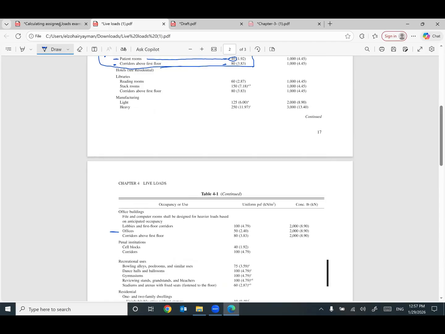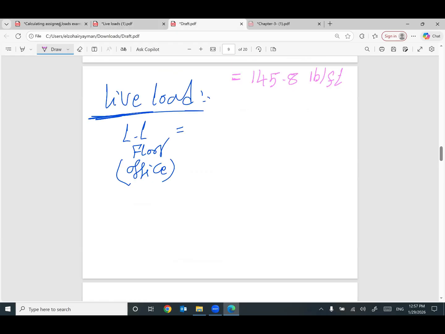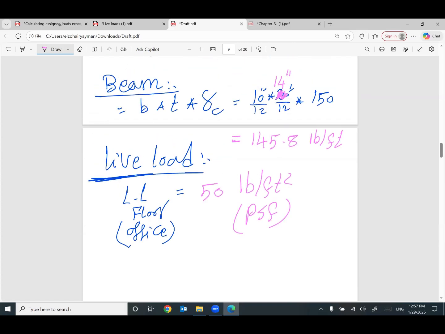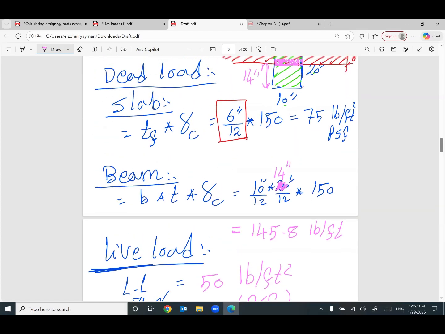Yeah, it's the same. The office building will have live load equal 50. So the value of the live load will be 50, just a number, no calculations. 50 pound per square feet, or PSF, from the table. That makes sense?